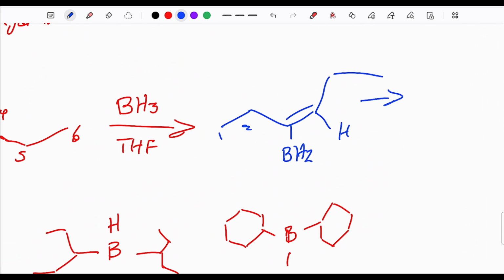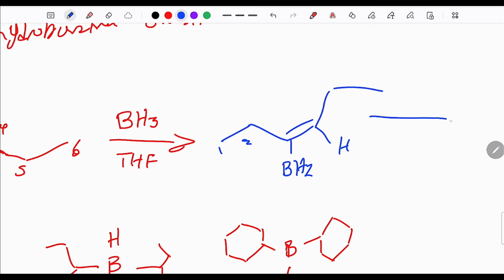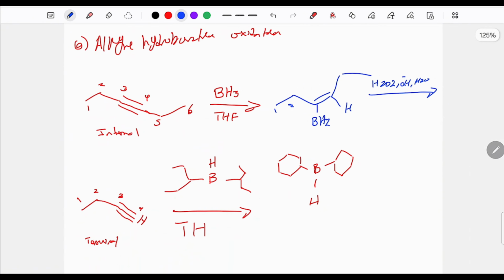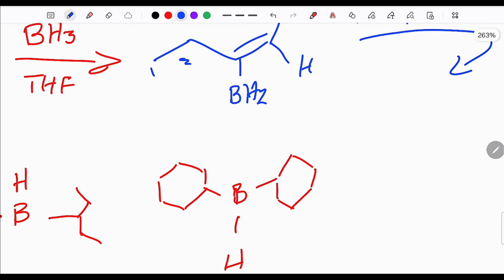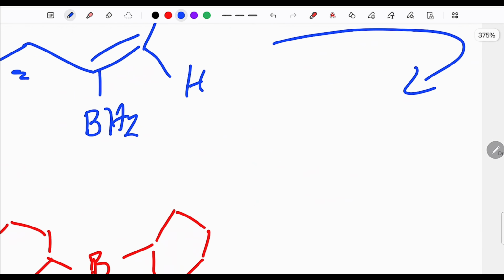And upon oxidation with hydrogen peroxide and OH minus, basic conditions, right? And a little bit of water, whatever have you, you end up getting, and let's change the direction of the arrow, you end up getting an enol intermediate, right?